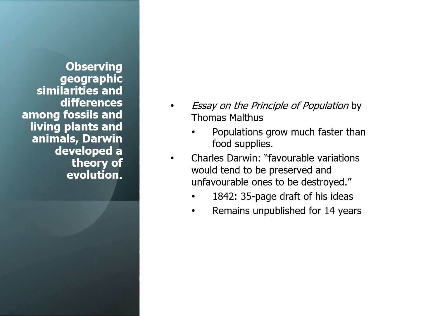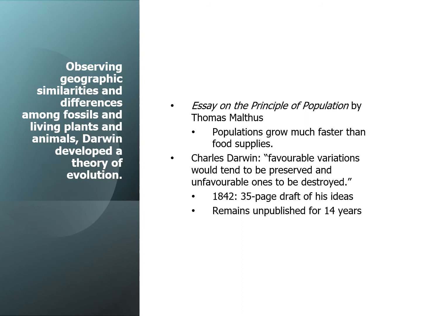So moving on to a little bit about how Darwin came up with the theory of evolution. He actually started thinking about it thanks to this book called the Essay on the Principle of Population by Thomas Malthus, whose main theme was that populations grow much faster than food supplies can match that demand.